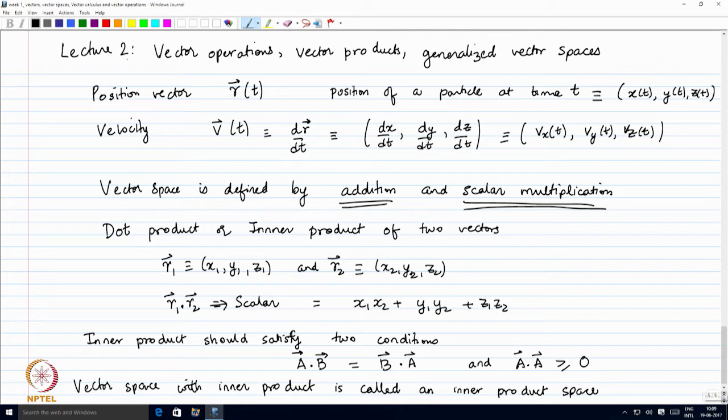Now, there can be other kinds of vector products that are also defined, and you could also define things like the cross product of two vectors.